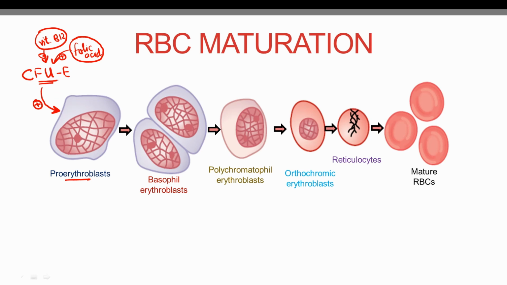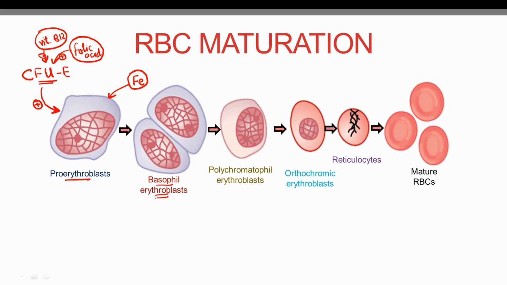So the colony-forming unit erythroblasts differentiate into proerythroblasts, and the proerythroblasts excessively uptake iron for the production of hemoglobin. The deficiency of iron results in hypochromic microcytic anemia. So proerythroblasts further differentiate into basophil erythroblasts.